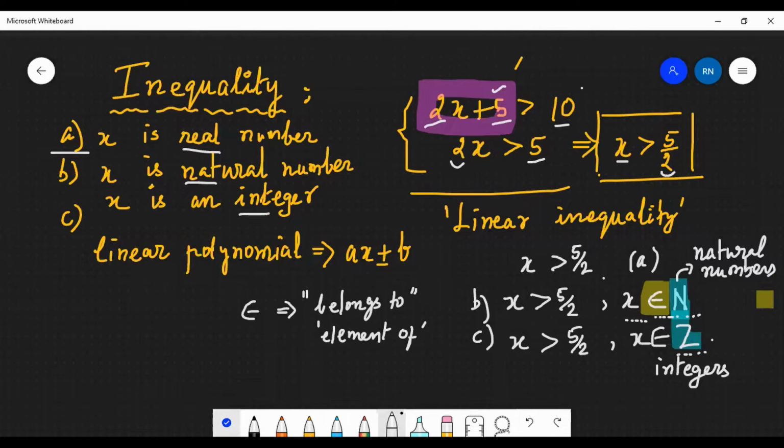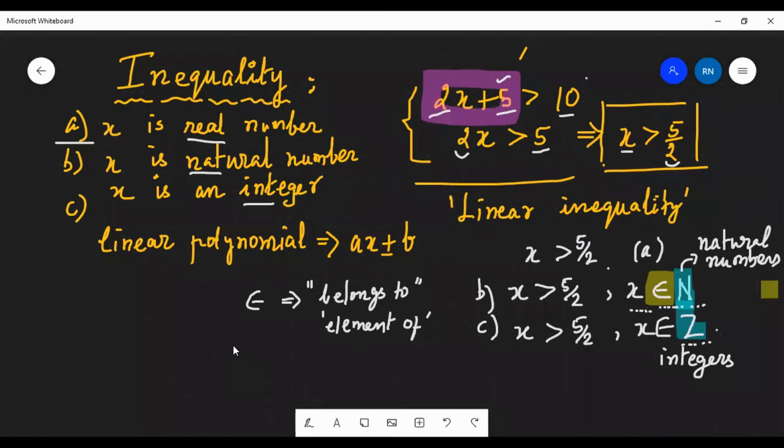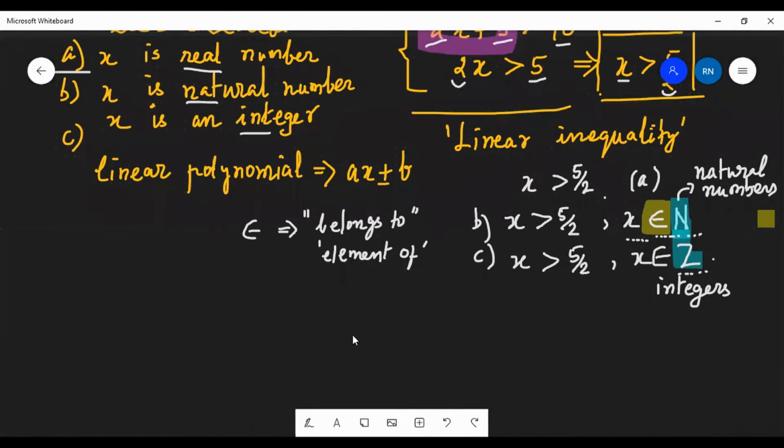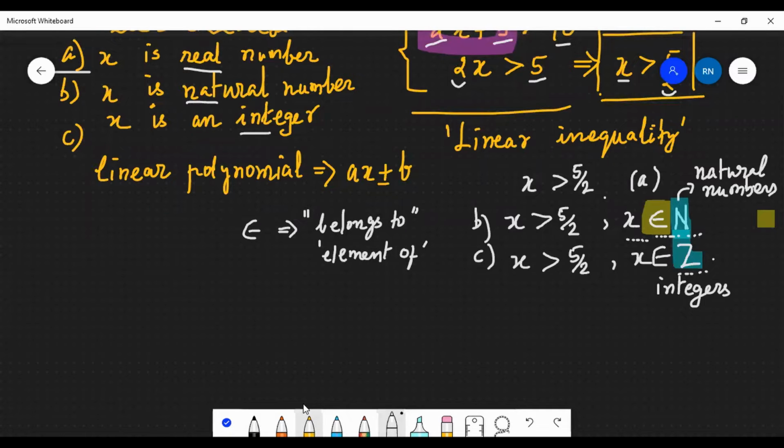Depending on whether the question is asking for a natural number, you give the explanation accordingly. If the question is appearing as an integer, you give the explanation as integer. Okay, fine.